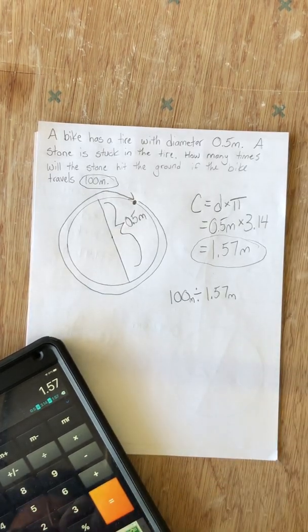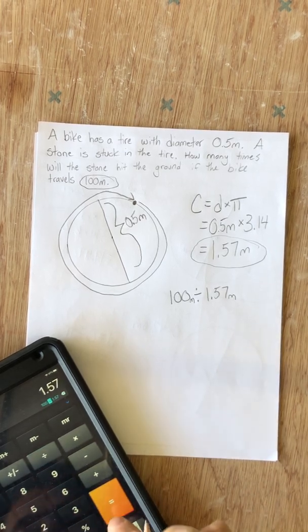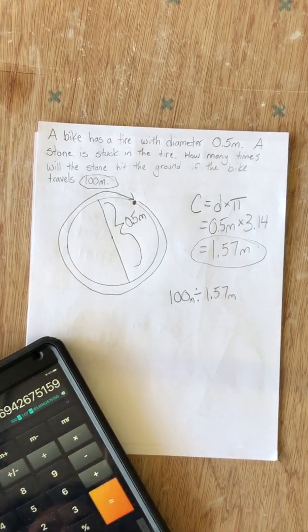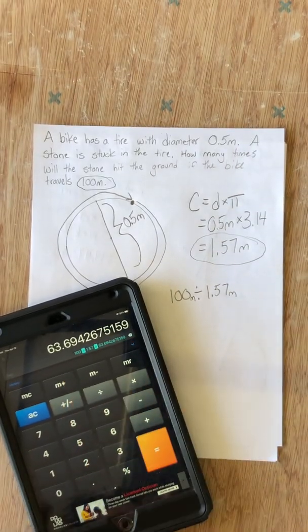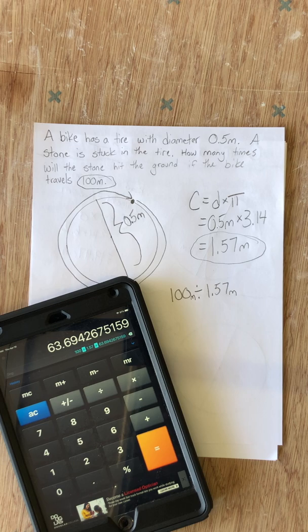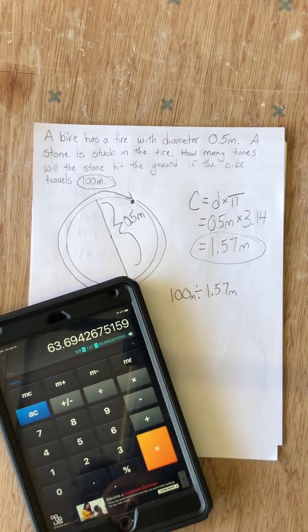Okay, that's why we're doing it this way. So let's see what happens. If I do 100 divided by 1.57, what it tells me is it makes 63.69 turns in 100 meters. So what that means, it makes 63 turns and almost makes a 64th turn, but not quite.